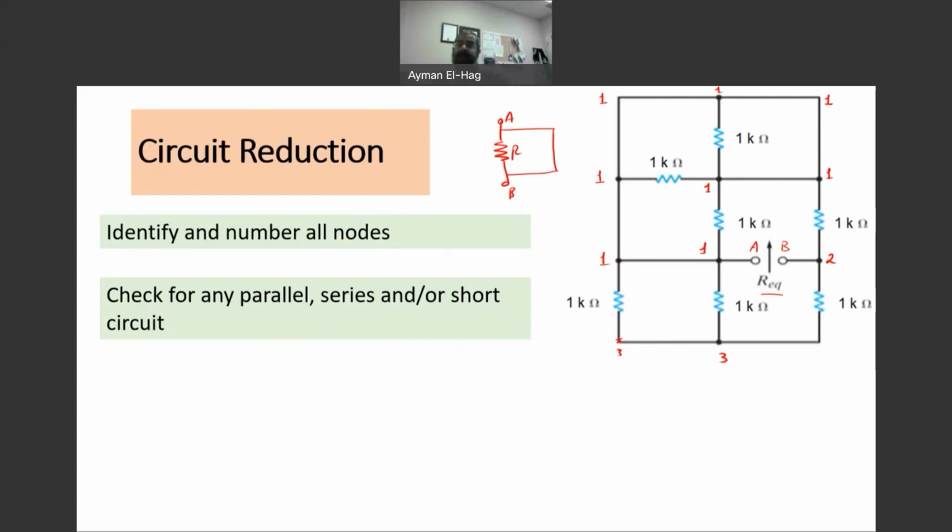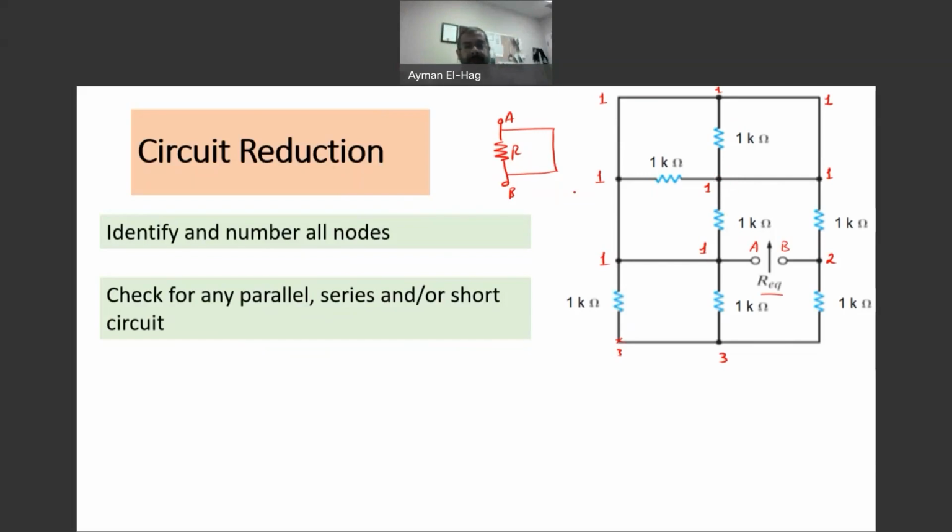This is why I said identifying the nodes can help you a lot to identify things in parallel, series, or short circuit. So if a component has one node common between the two terminals, then it's short circuit. So obviously this is a short circuit.